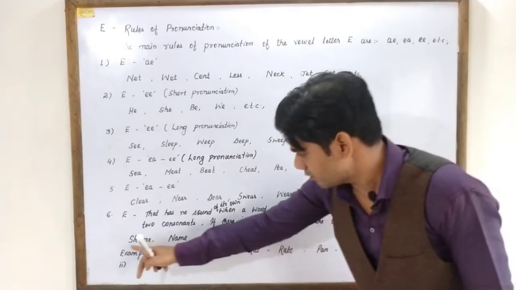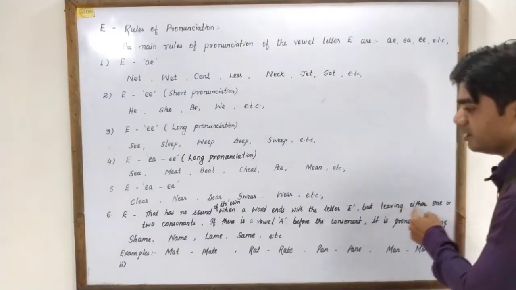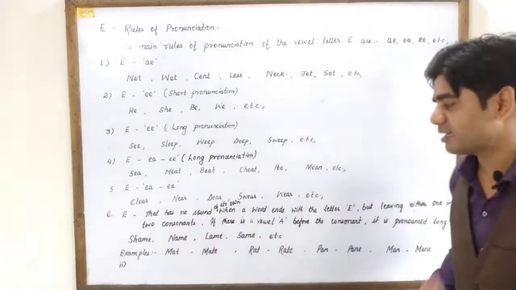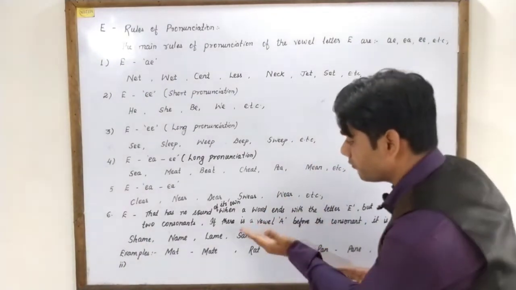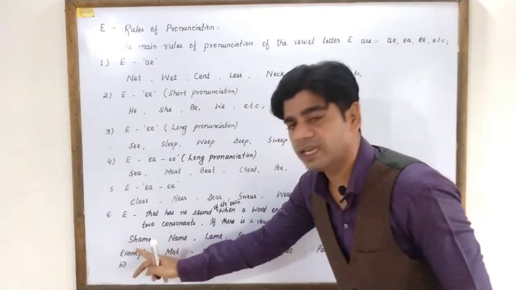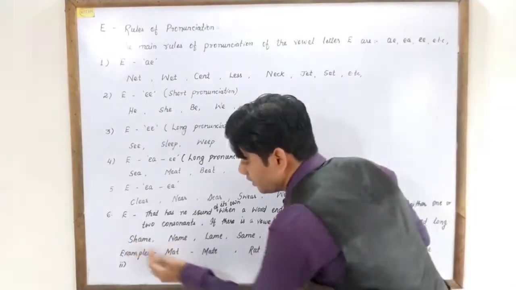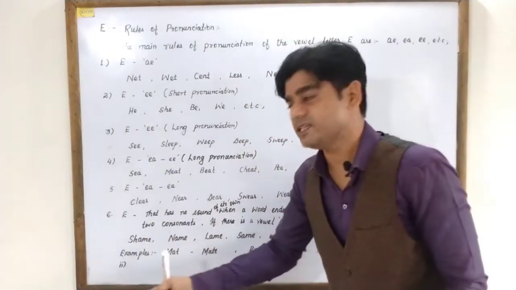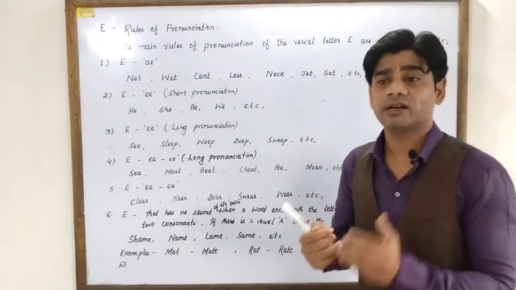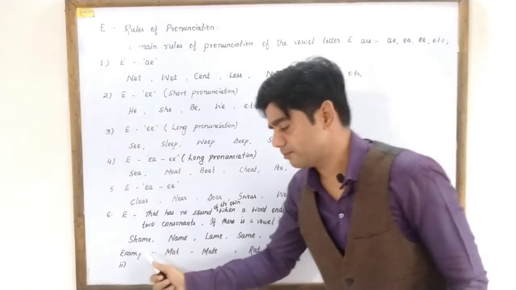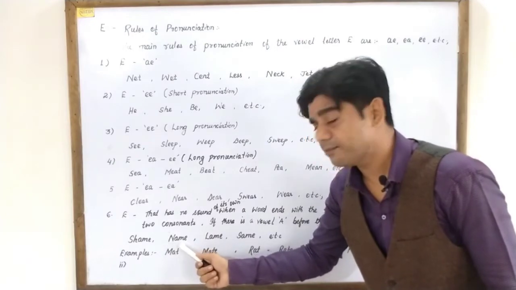For example, S-H-A-M-E, shame. This word ends with the letter E, and before it there is M, a consonant, and before this M there is a letter A, so we follow this rule. This E has no sound of its own, so we pronounce it long, shame, not shem. Next, N-A-M-E, name.